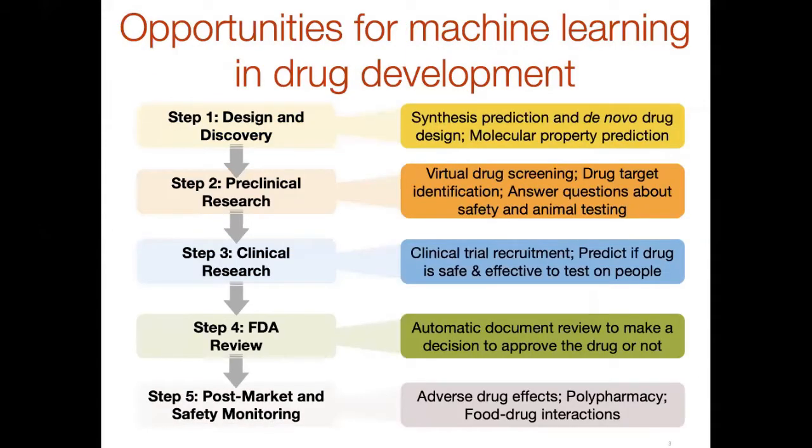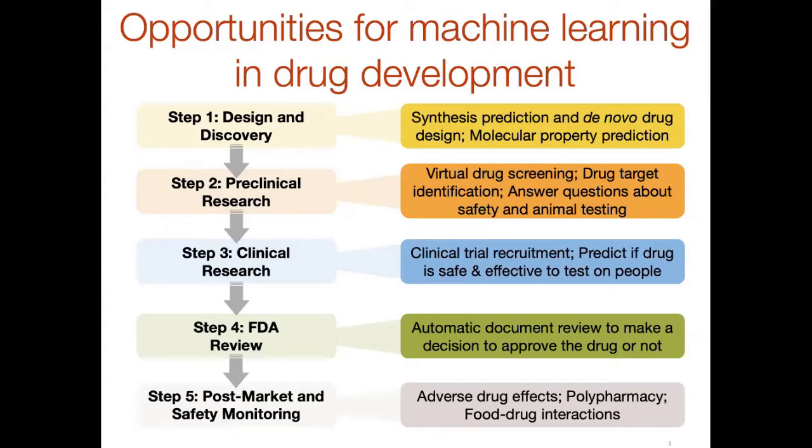There are a number of opportunities for machine learning in each and every one of the 5 steps that drug development consists of. In step 1, which is drug design and discovery, there are opportunities for machine learning methods to do synthesis prediction, think about models that can do de novo drug design, and predict properties of molecules, properties that might be of interest downstream in experiments and development for a particular disease.